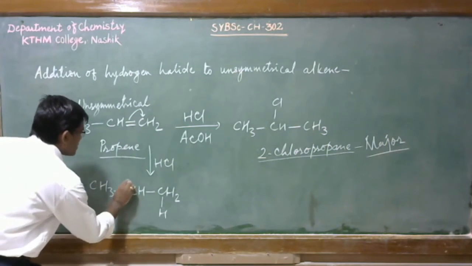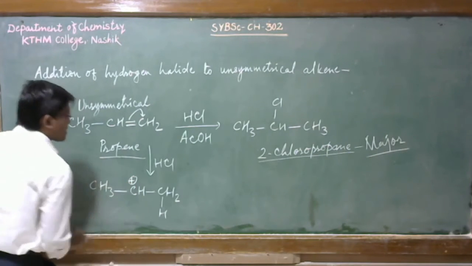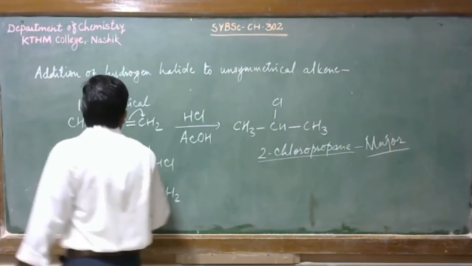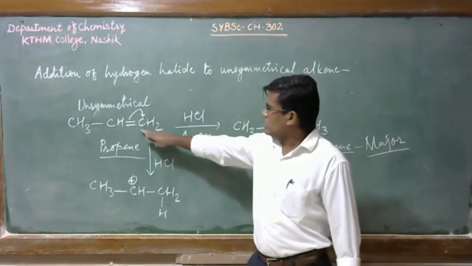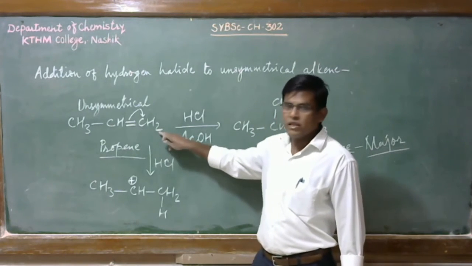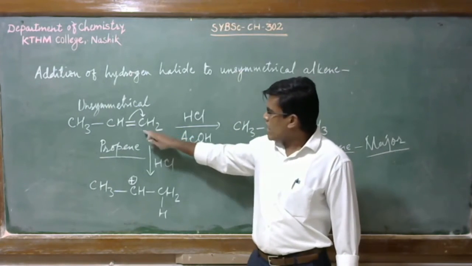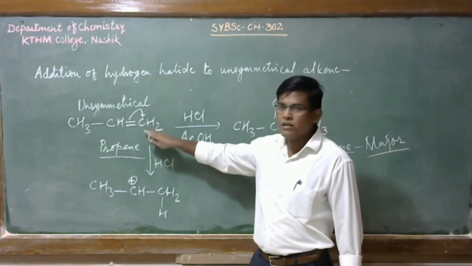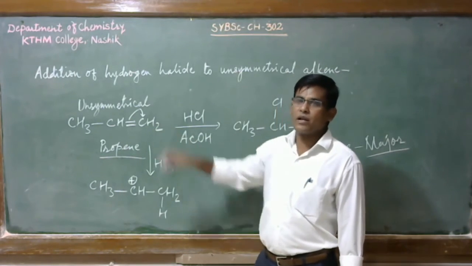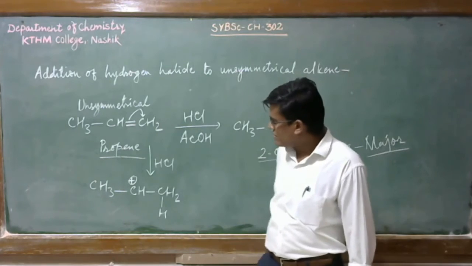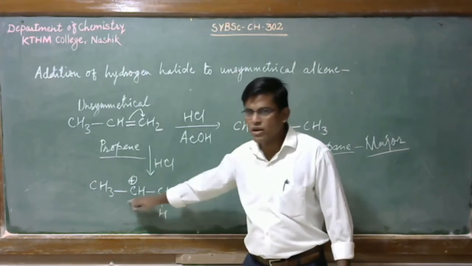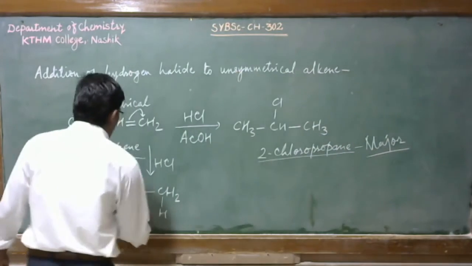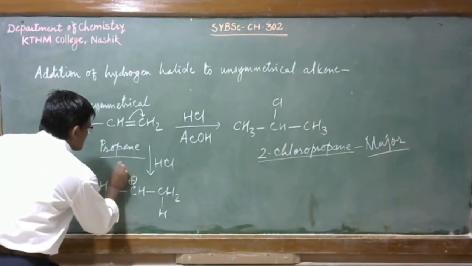So it will generate this carbocation. According to the Markovnikov rule, the hydrogen should attach to the carbon where more hydrogens are present. This is step 1.